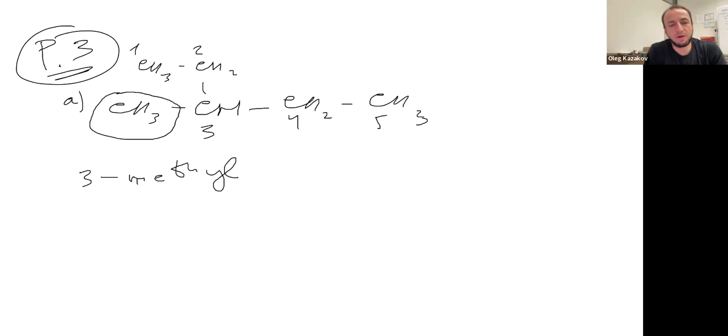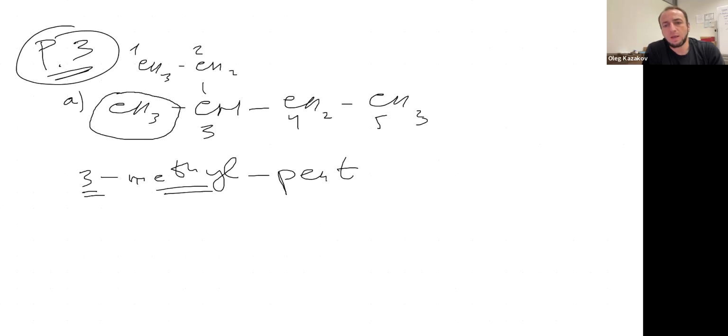So carbon number 3 contains the methyl. The 3rd carbon contains the methyl. It's going to be like the placement of the methyl on the carbon chain, right? So on the 3rd carbon, we have the methyl, in the main chain, which will be pentane, right?